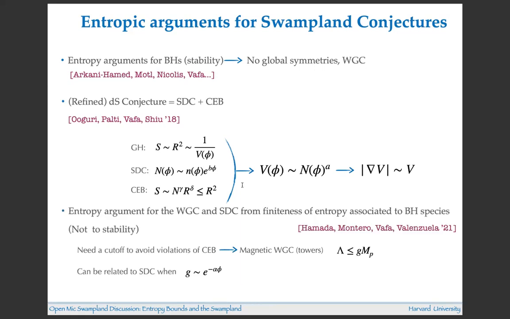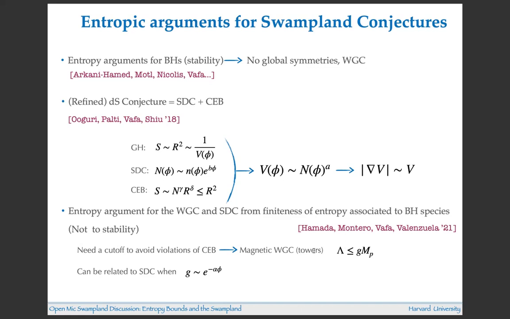Another very recent application is these entropic arguments in favor of the magnetic weak gravity conjecture, which is quite nice because it basically requires towers. It's different from the original argument for the weak gravity conjecture, which required the instability of black holes so that they can decay and preclude the contradiction with entropy bounds.